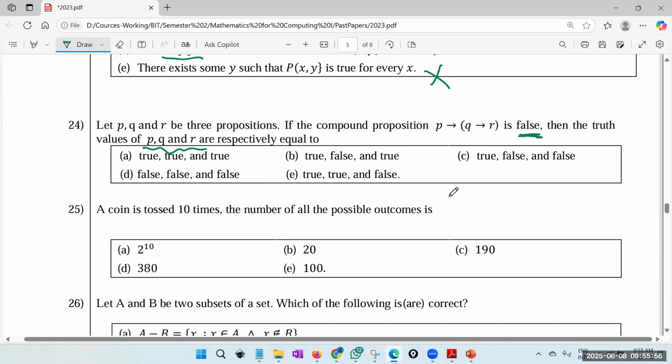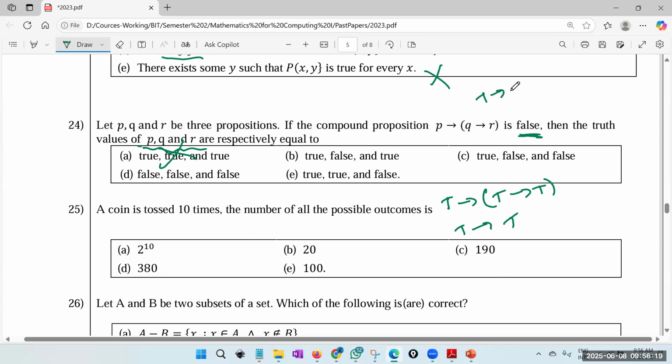So the first one is true, true, true, right? Otherwise we need to create a big truth table. True implies true is true. And true implies true is true. But it says false, so therefore this is not the answer. Next one. True, false, true.